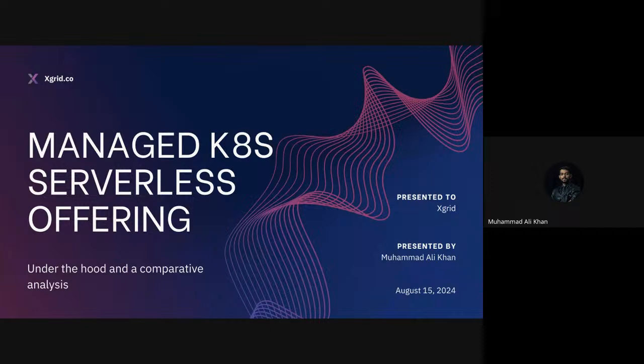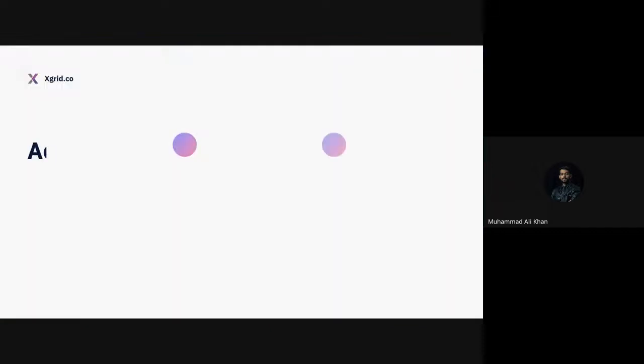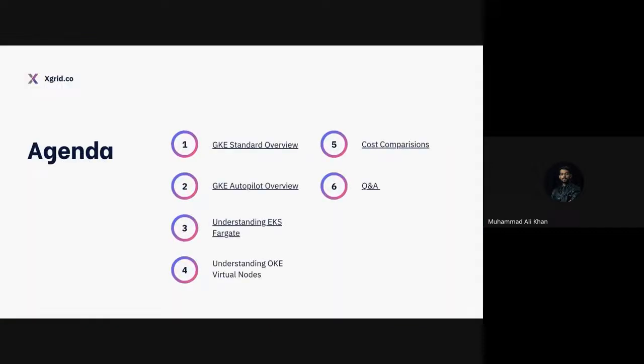Other than that, we will be talking about what is EKS Fargate and how does it compare with GKE Autopilot in terms of a managed care serverless offering. And what are OK virtual nodes? How does it help manage your infrastructure, and the cost comparison between these managed care serverless offerings.